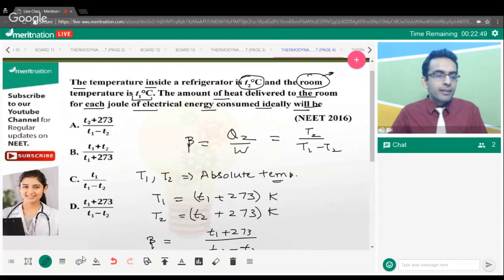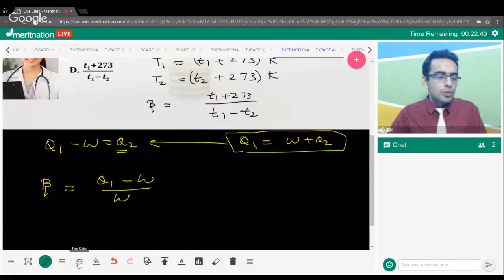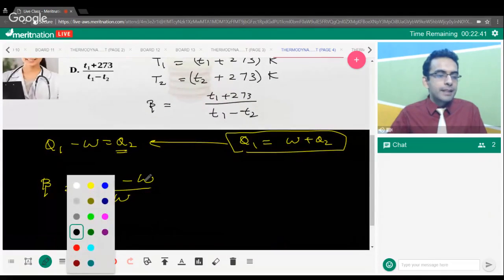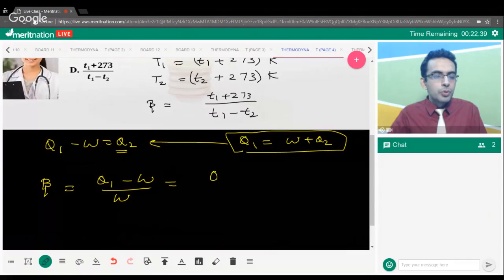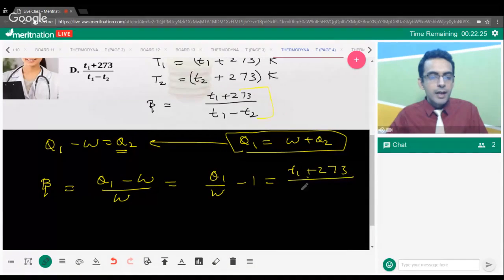So we have to find the ratio of Q1 and W. From here, we can write this as Q1 by W minus 1 is equal to the value of beta, which is T1 plus 273 divided by T1 minus T2.